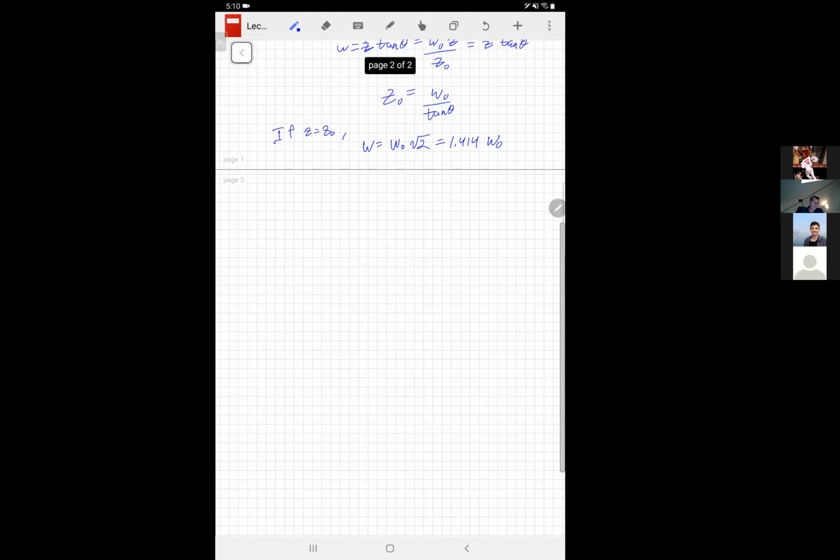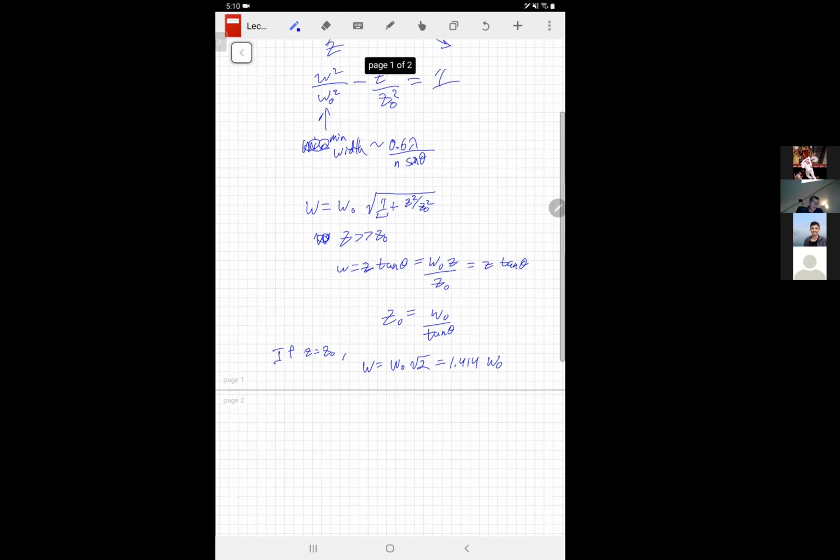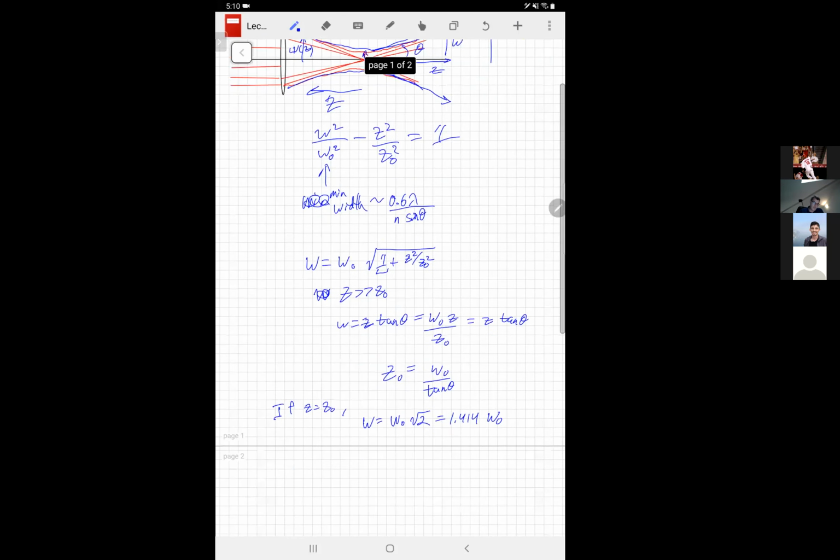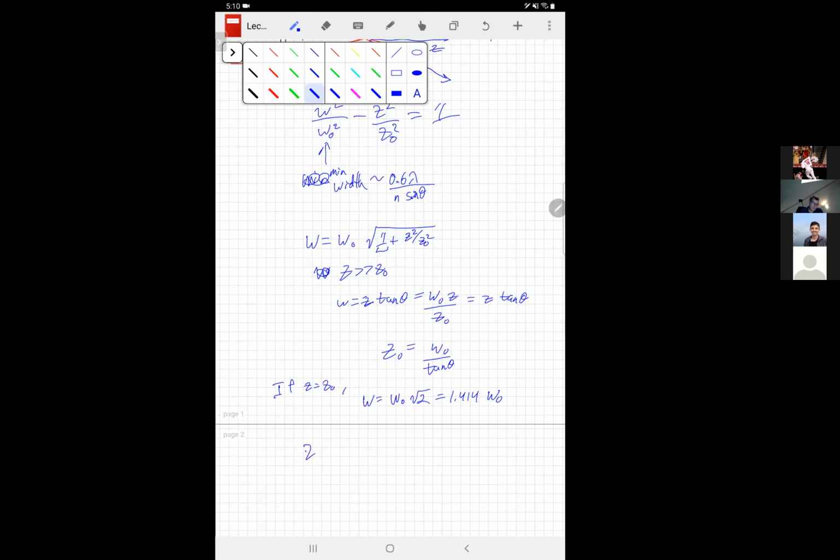Another thing we could note is that Z naught is 0.6 lambda over n sine theta tan theta. So if we have a paraxial beam, Z naught is huge.